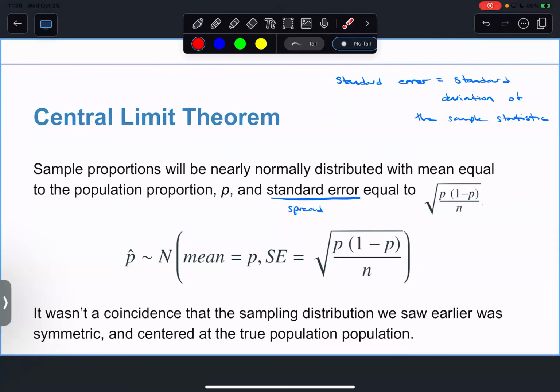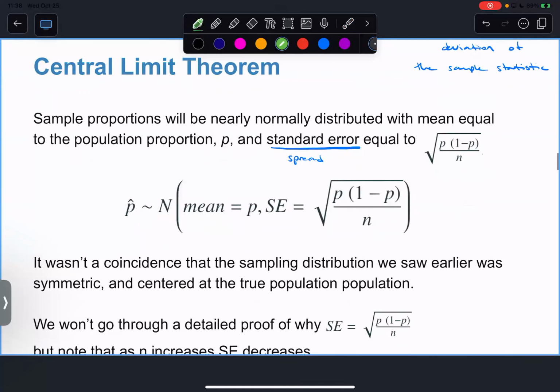And so here, this is the standard deviation of p hat. But because that's really long to say, we swap it out and just call it the standard error.